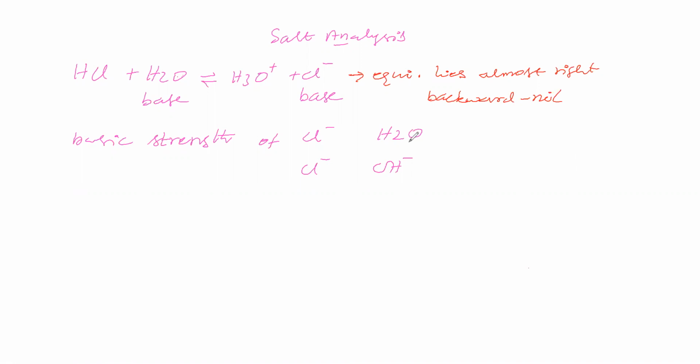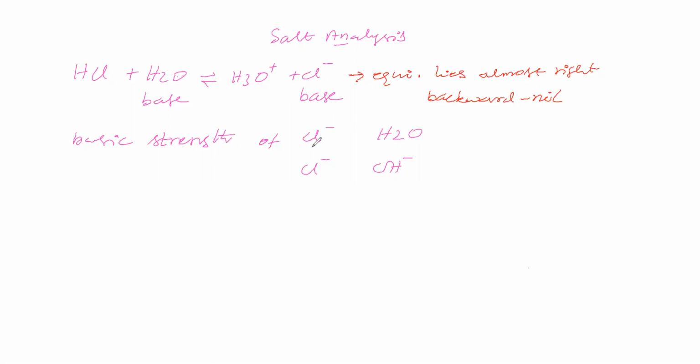Now see that this equilibrium lies almost right. That means forward took place, and backward is almost nil. Backward is almost nil in the sense of how the basic strength of Cl minus and water will be.